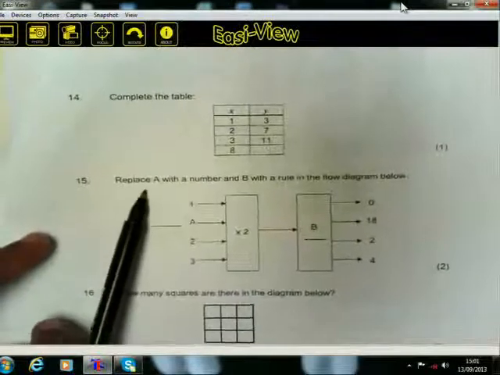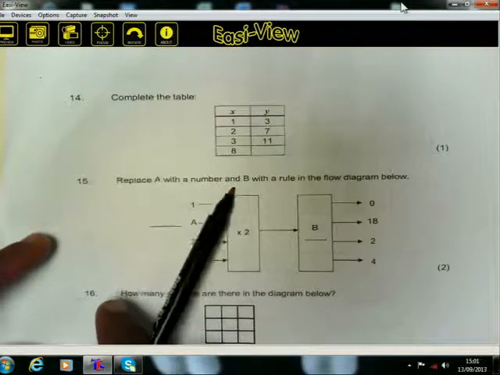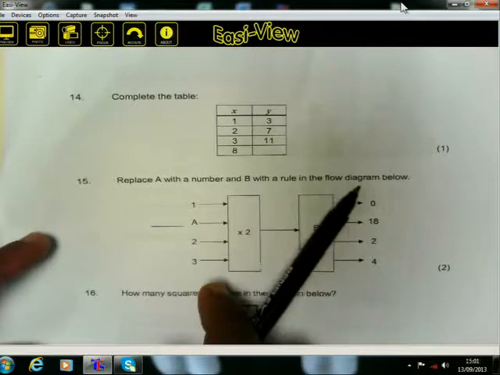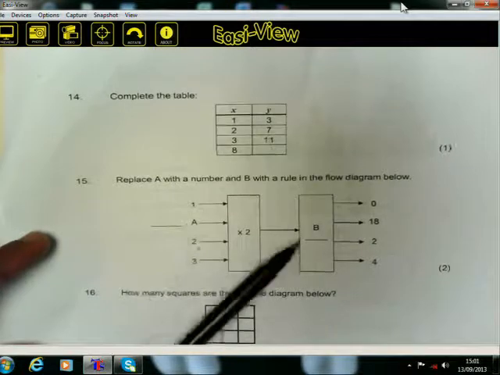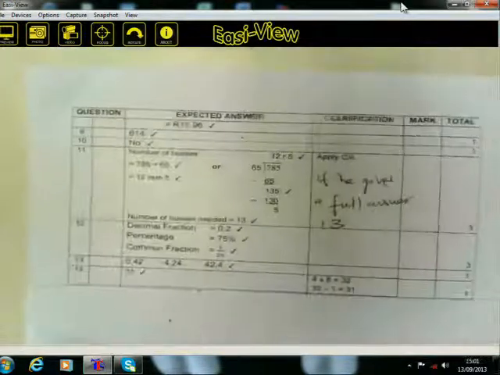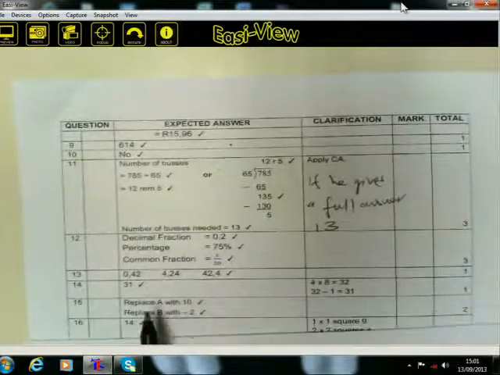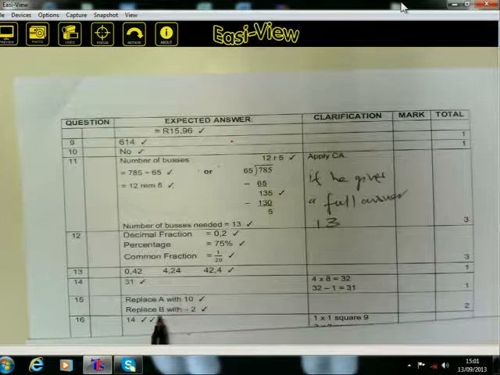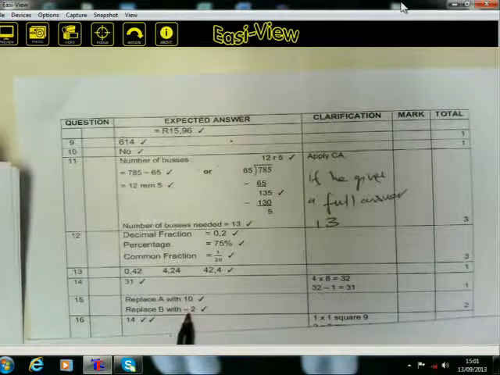Replace A with a number and B with a rule. In the flow diagram below, there is A, there is B. So your answers there, on A, you replace A with 10, and then B is minus 2.